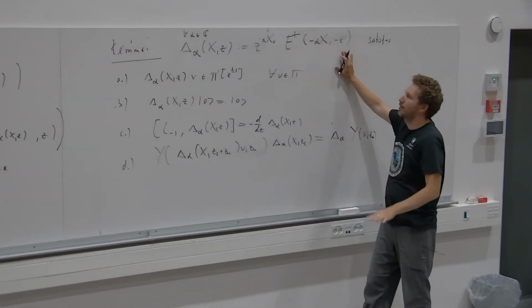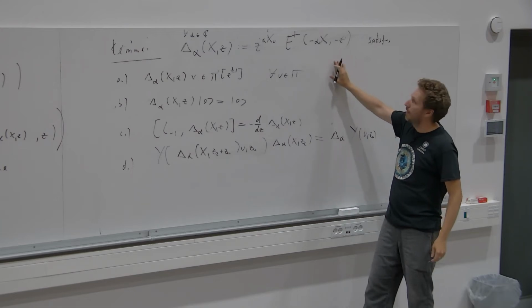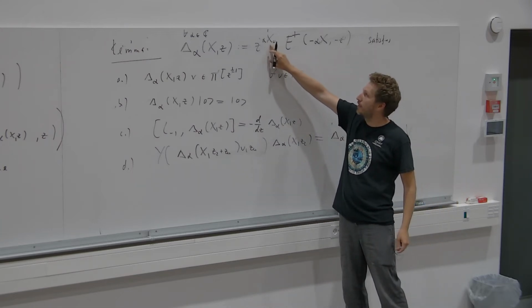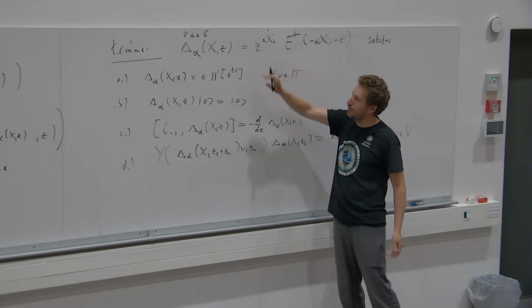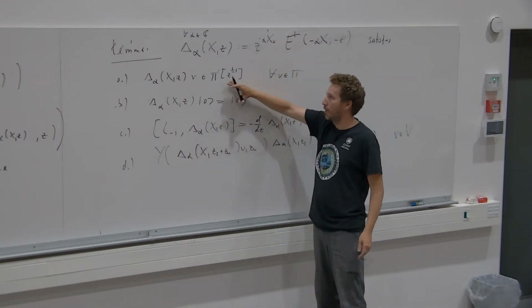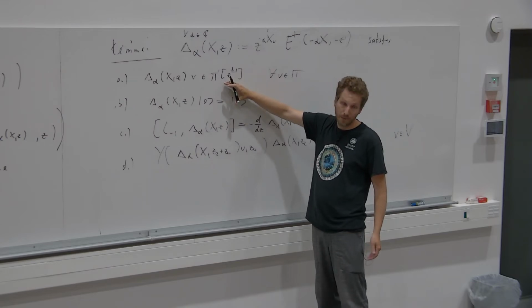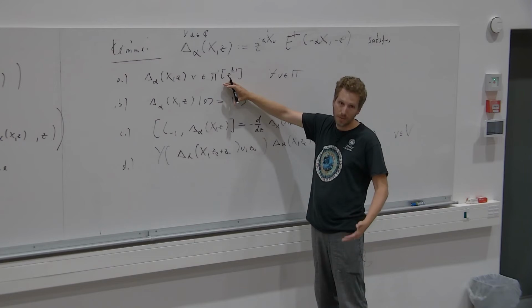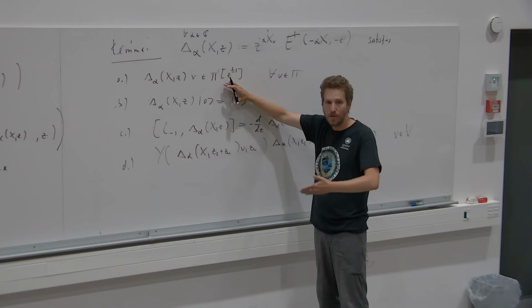This E plus behaves nicely no matter on what I act. But this one acts by Z to the alpha times the eigenvalue of x naught. That might not be an integer, alpha times the eigenvalue. And if that is not an integer, then I have a problem with this integrality condition, and then I have a problem with locality. Locality will simply not quite hold, and so I don't get a true local VOA module.